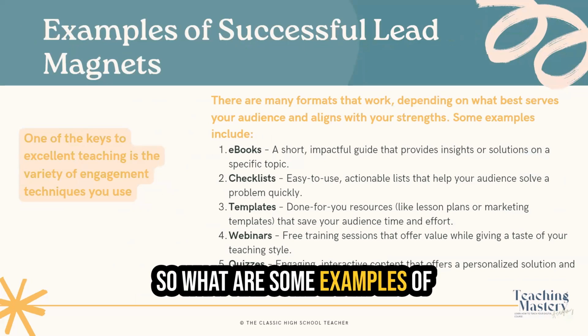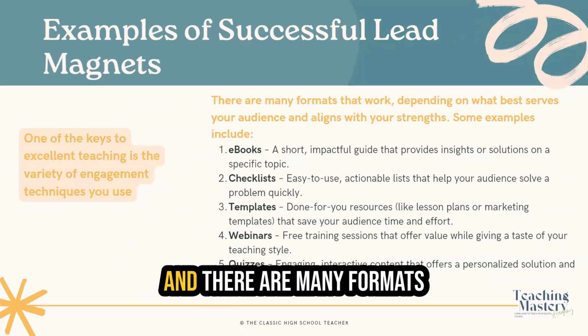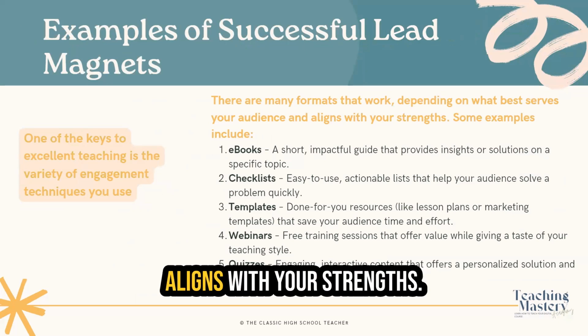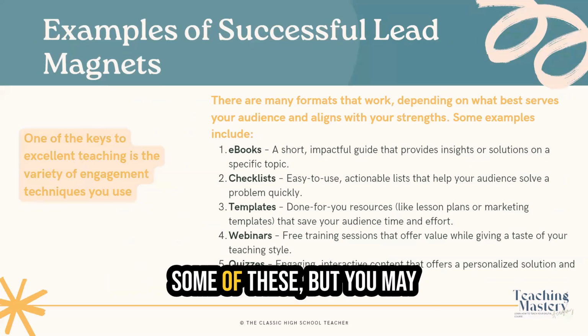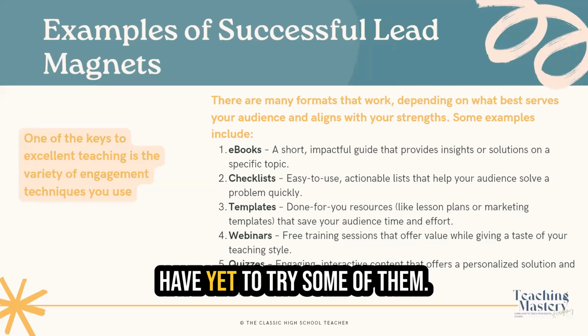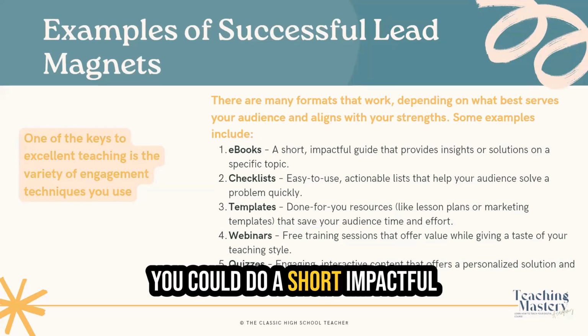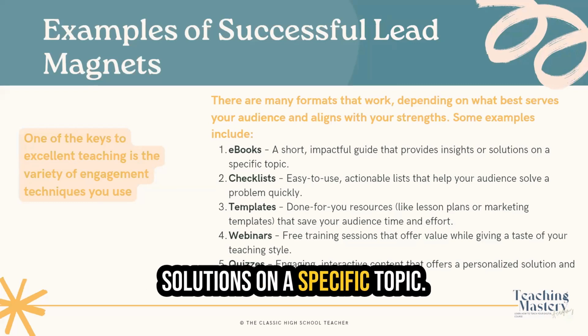So what are some examples of really successful lead magnets? And there are many formats that work depending on what best serves your audience and aligns with your strengths. But here are some examples to include, and you may have already done some of these, but you may have yet to try some of them. Ebooks: you could do a short, impactful guide that provides insights or solutions on a specific topic.